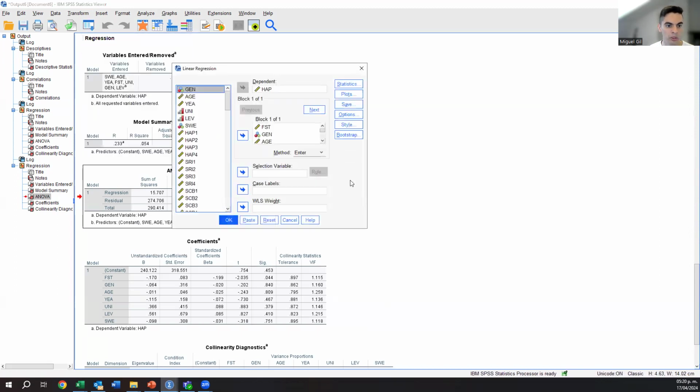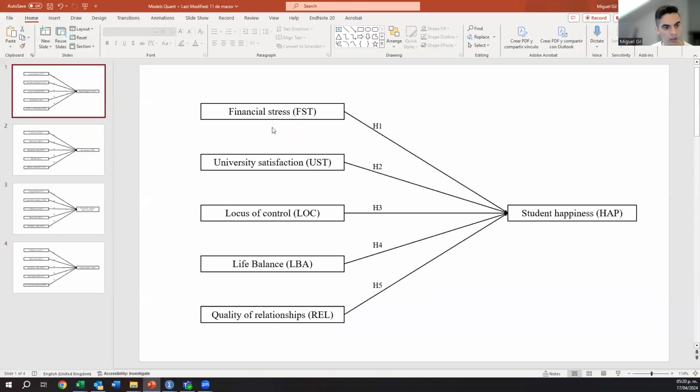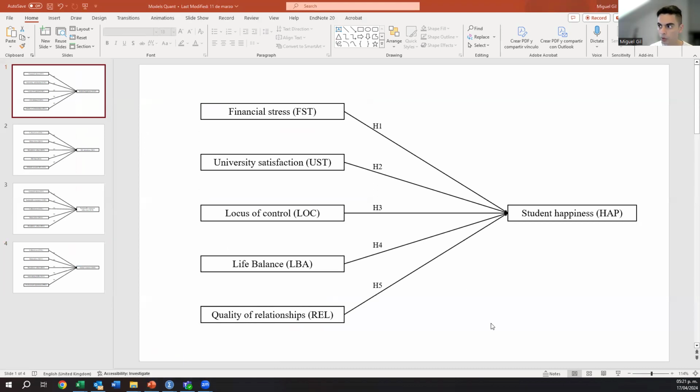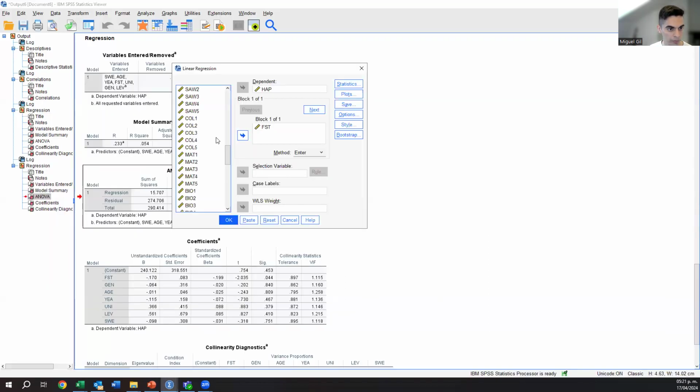Let's go to the third model. Model number 3. So now let's remove these controls because we want to include this as controls: university satisfaction, locus of control, life balance. We want to include them as controls. For us, it doesn't matter if they are significant or not, but let's try with more controls if our model is better.